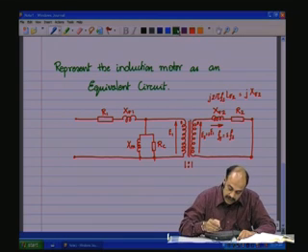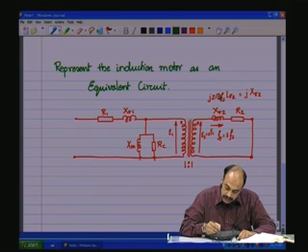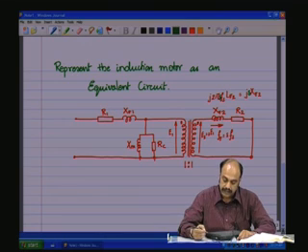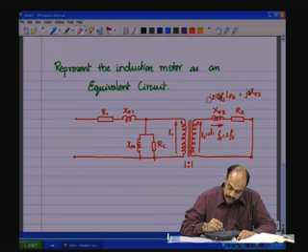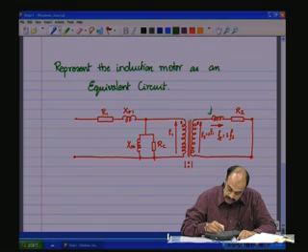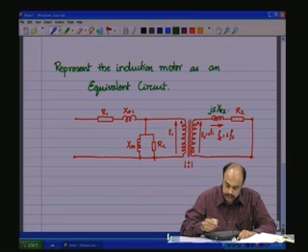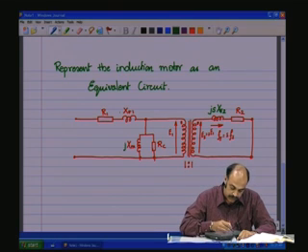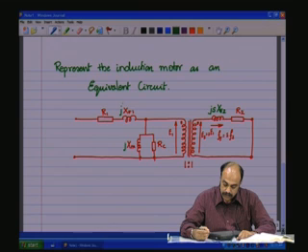So there is one more term which gets added here, and that is S, and that is S into standstill reactance. So what gets changed is the reactance, j S X sigma 2. R2, the resistance, is not dependent on the frequency, so it is not going to get changed.